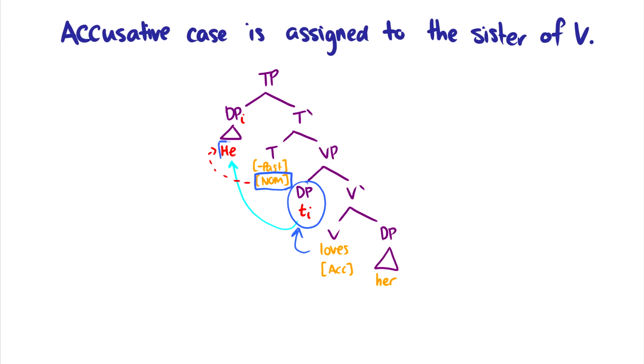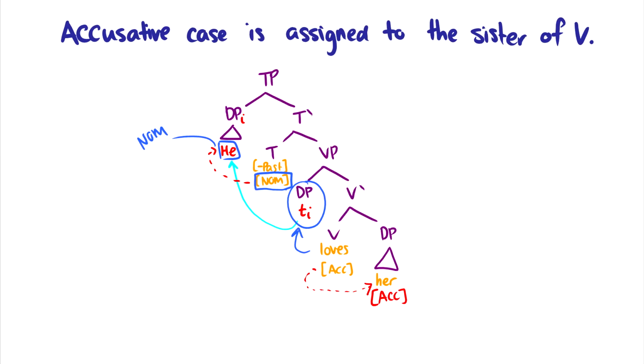So now this he has nominative case from T. But what about her? Her is the object, and her is actually pretty straightforward. Accusative case is on V, and it just assigns accusative case to V's sister. So now her has accusative case. We can say nominative case is licensed by T, and accusative case is licensed by V.